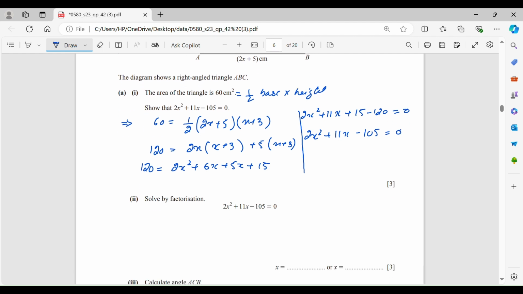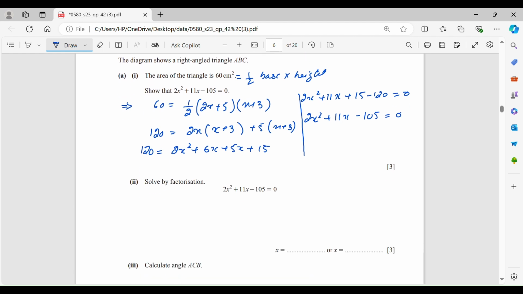So solve by factorization. We have to factorize this, so for this we will use the sum and product method. Product will be minus 210, and sum should be 11. So it's easy, 21 and 10.